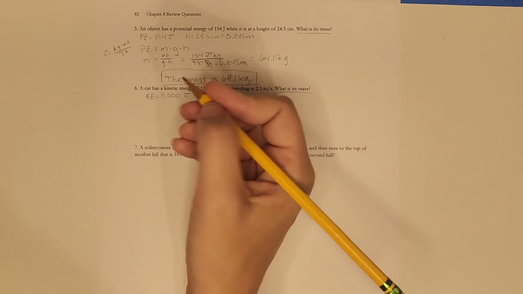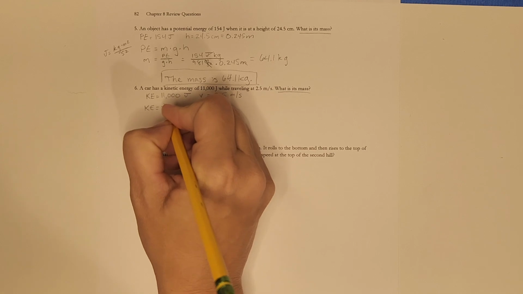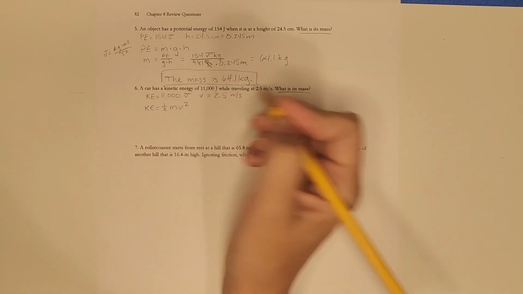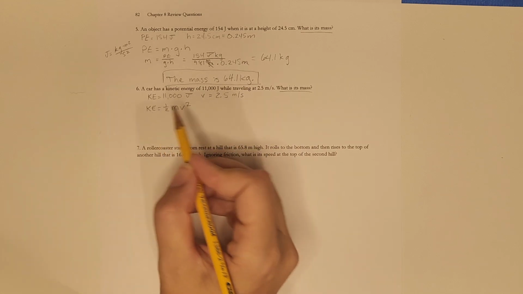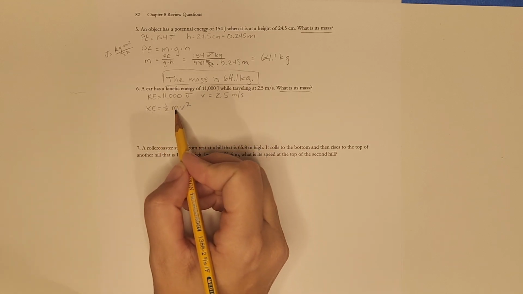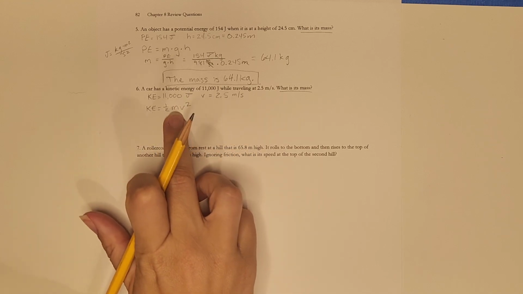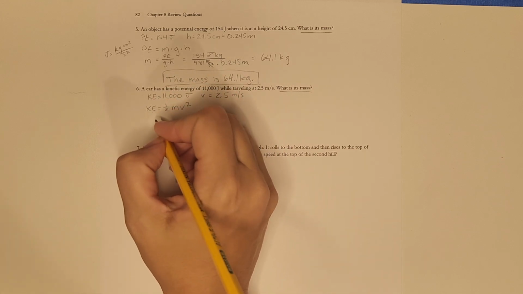So for this, let's use our kinetic energy equation. Kinetic energy equals 1/2 of the mass times velocity squared. And we are given kinetic energy and velocity. We need to determine the mass. So once again, I'm going to isolate this mass variable before I solve.